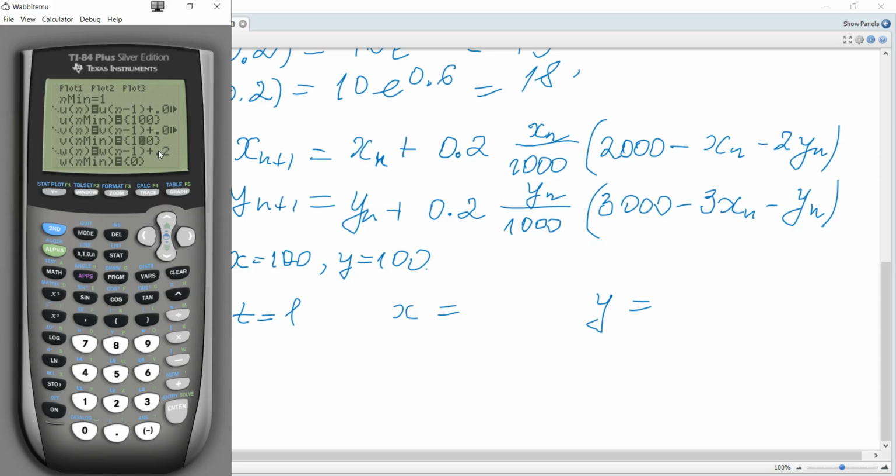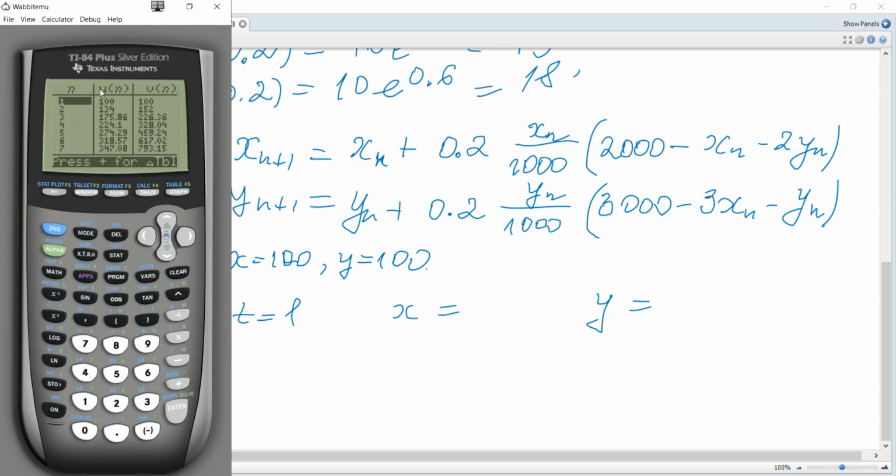The time step is 0.2, so it's w of n-1 plus 0.2, and the initial value is 0. Then we can use this, and we can choose pairs, y with x, and in general y with time, and x with time, and we can use a table.